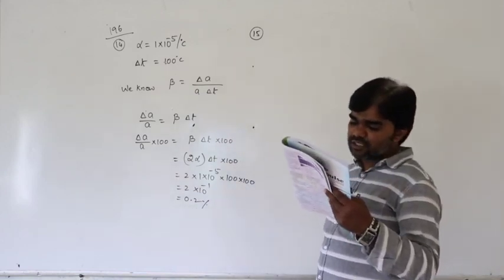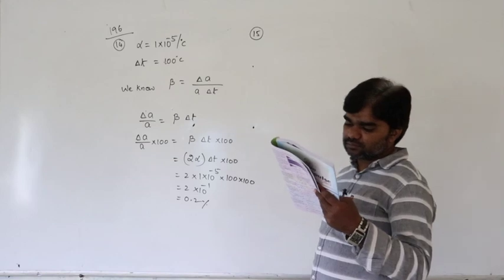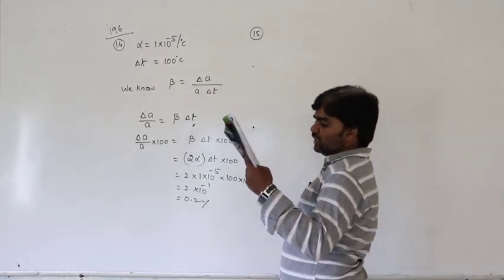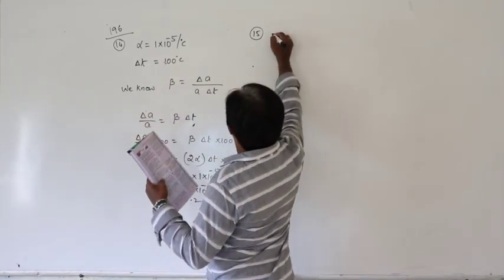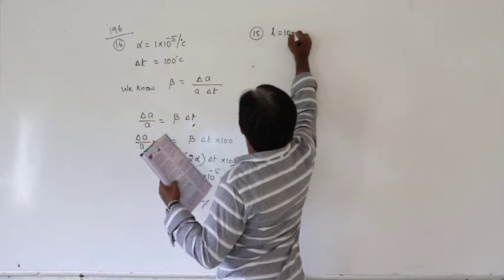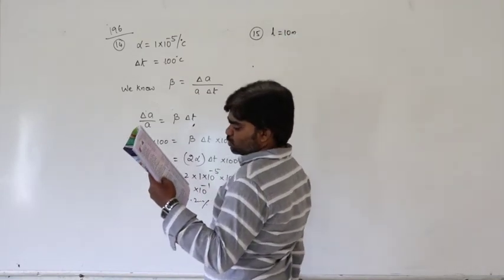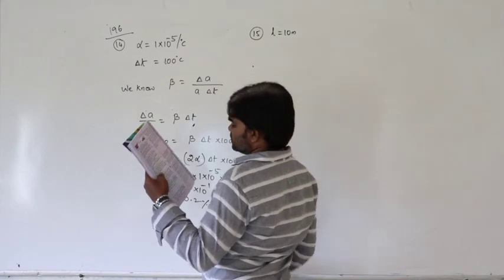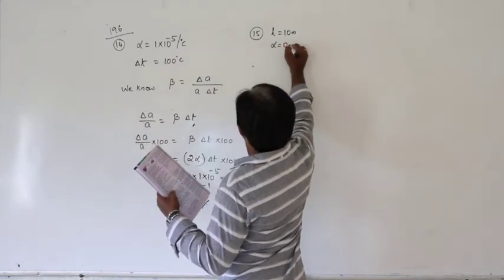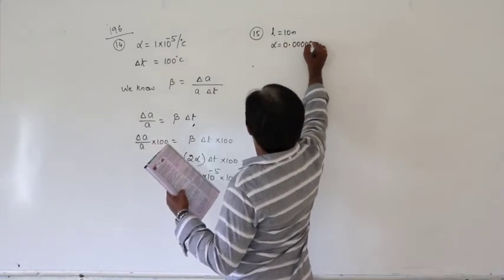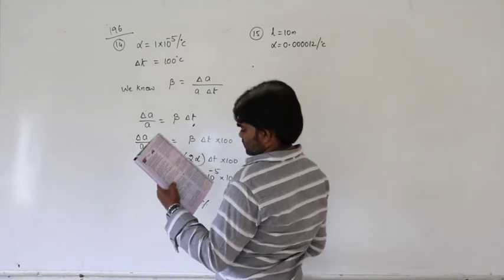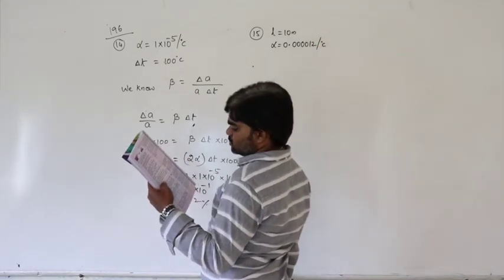The length of each steel rail is 10 meter in winter. L is equal to 10 meter. The coefficient of linear expansion alpha is equal to 0.000012 per degree Celsius.